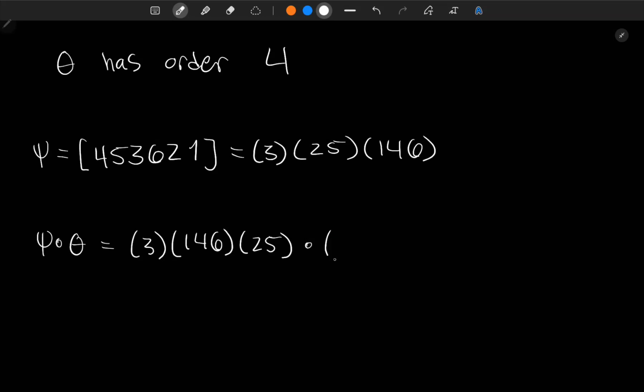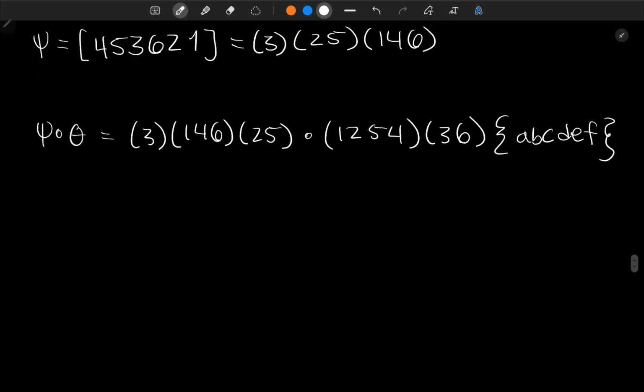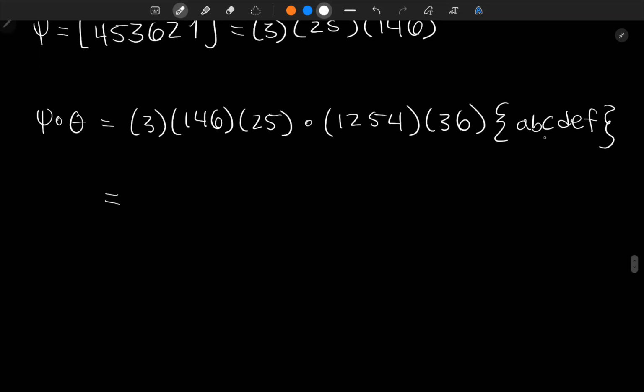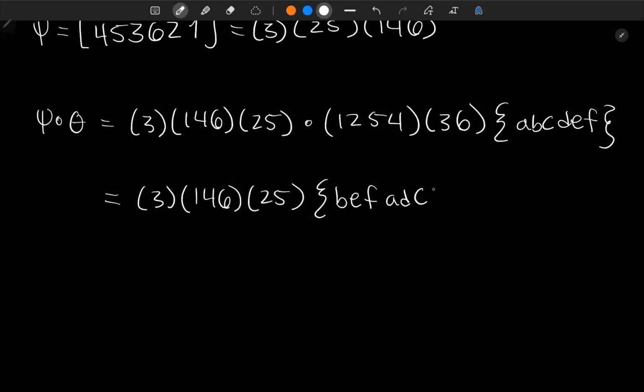And we wish to compose this with theta, which we said above was (1, 2, 5, 4)(3, 6), and we wish to act this on A, B, C, D, E, F. Then we know how theta acts on it. So we write again psi, (3)(1, 4, 6)(2, 5), times B, E, F, A, D, C.